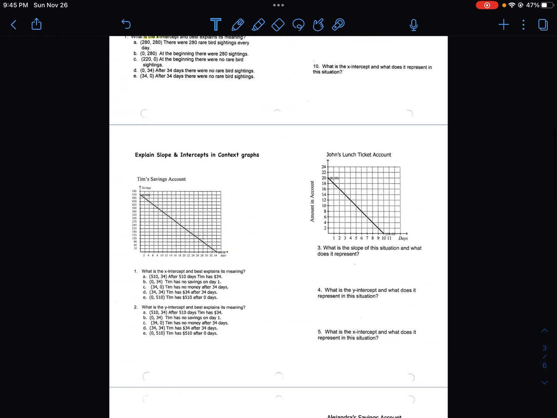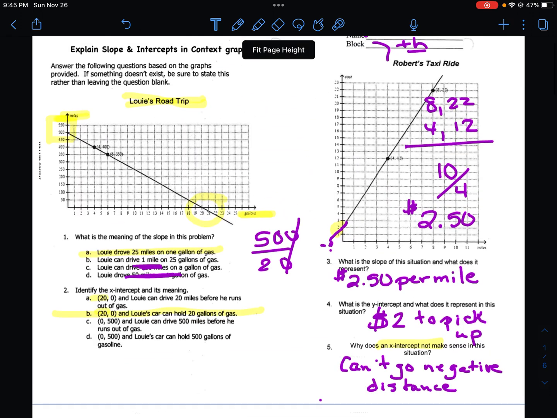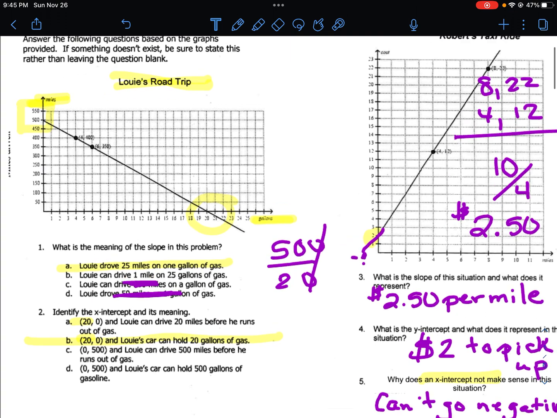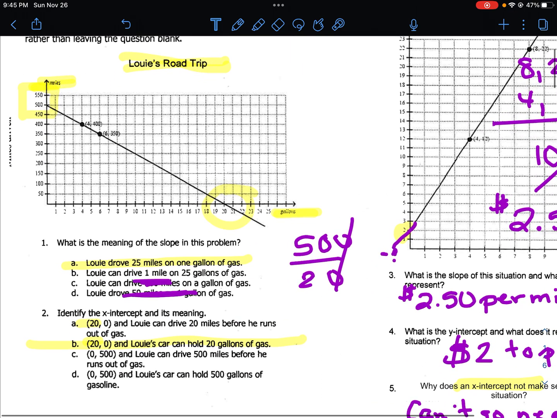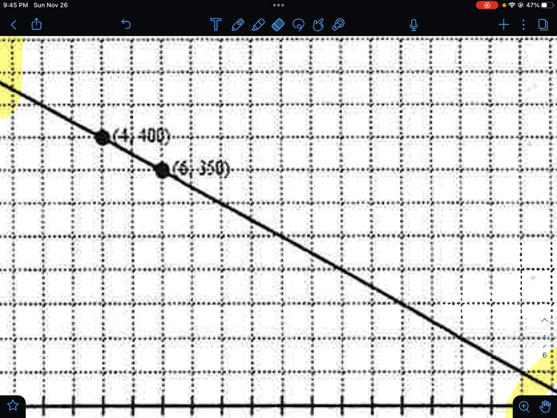Okay, so with that in mind, let's go up here and talk about the assignment. I'm going to focus here on Louis' road trip first. You want to look for some key verbiage. Let me erase this purple so you can see a little better.